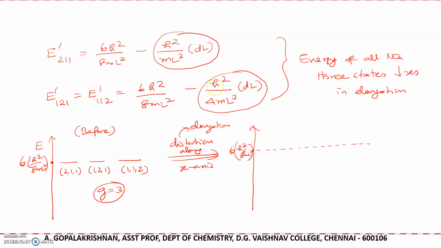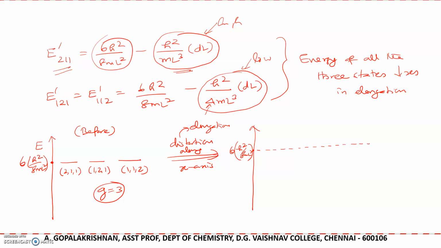In these two, which is higher? Here we are dividing by 4, so this is a low number and this should be a high number. We are subtracting a high number from this 6h square by 8 ml square, which means the resulting energy will be very, very low.